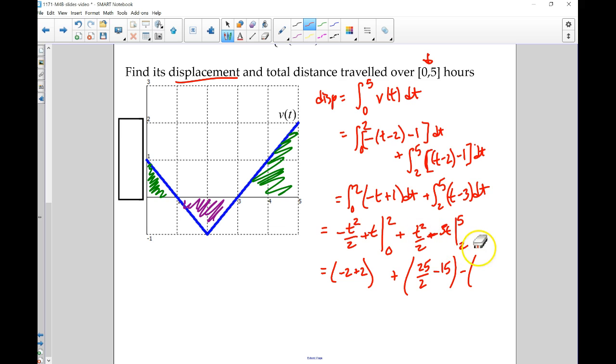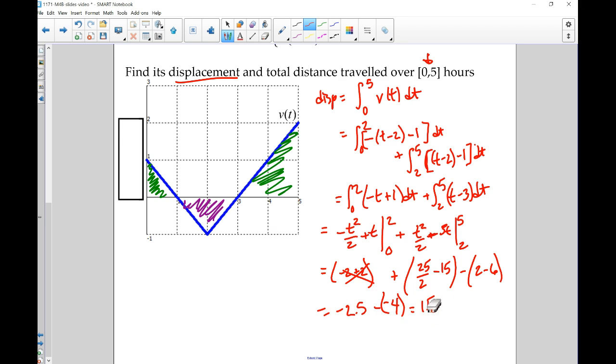So 2 squared is 4 over 2 is 2 minus 6. So this is going to wipe out, and I'm left with 25 over 2, that's 12.5, minus 15, so this is minus 2.5, and then a minus a negative 4, which is just going to be positive 4, so this ends up being 1.5.